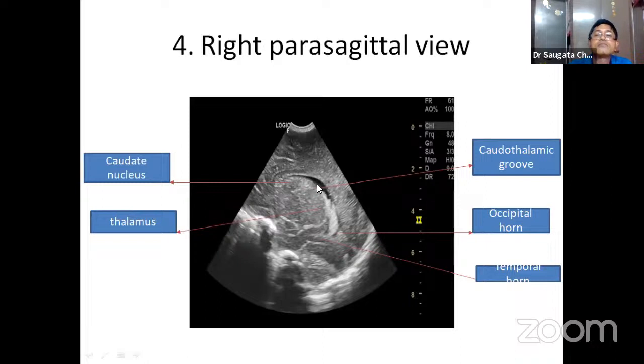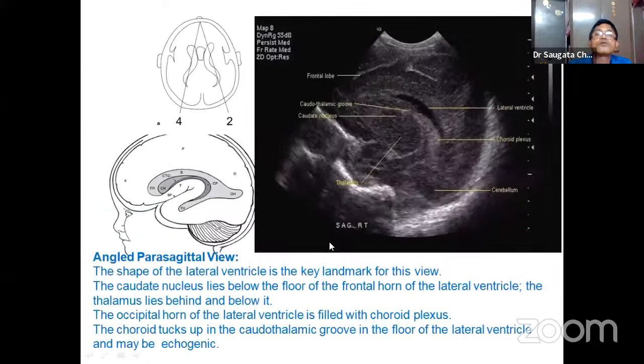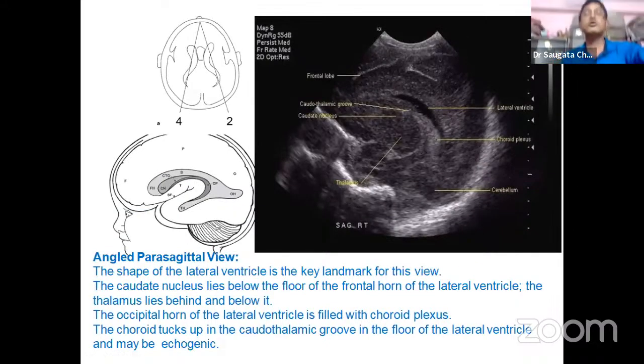Generally, intracranial bleeding first occurs at the caudothalamic groove. This is the occipital horn and temporal horn also. You can clearly see the frontal lobe, caudothalamic groove, caudate nucleus, thalamus, as well as the choroid plexus. This is not a bleed. Also the cerebellum and lateral ventricle.